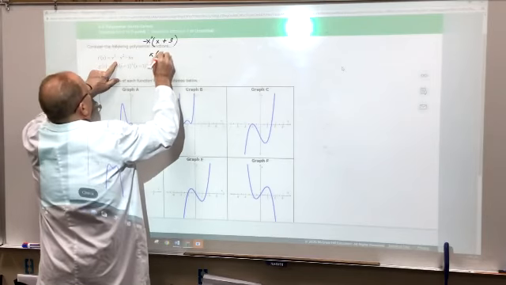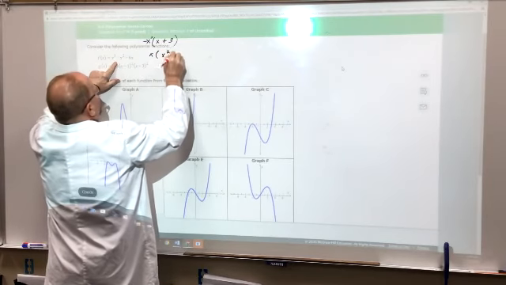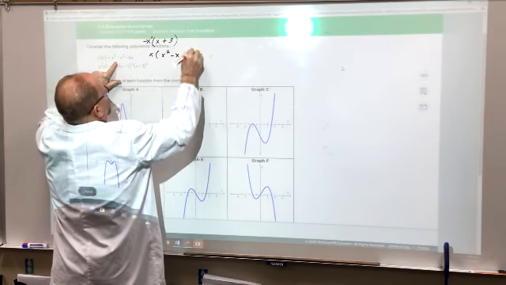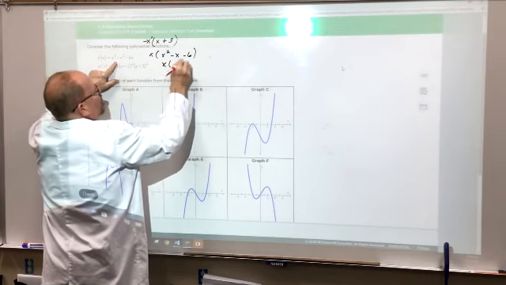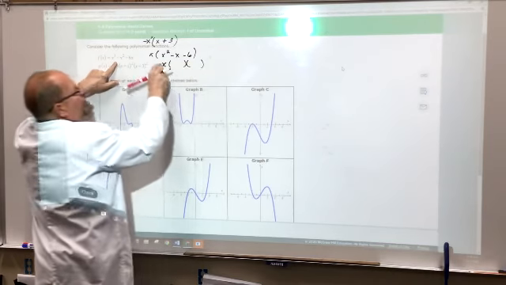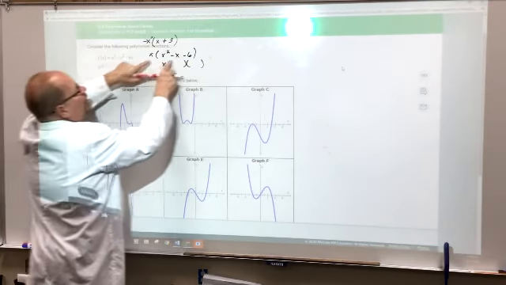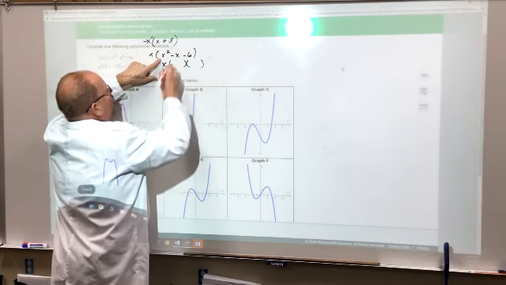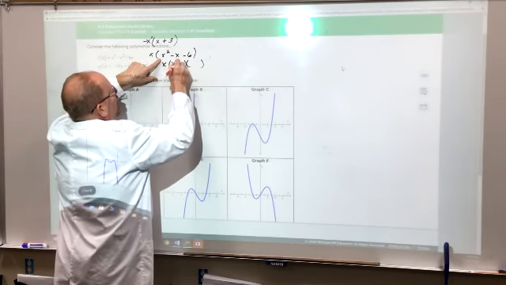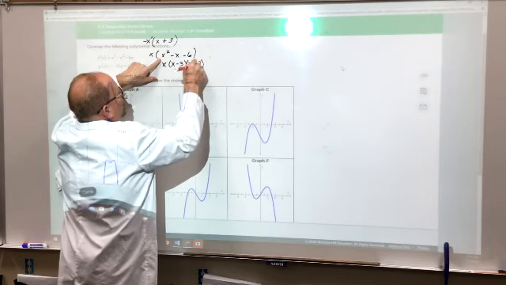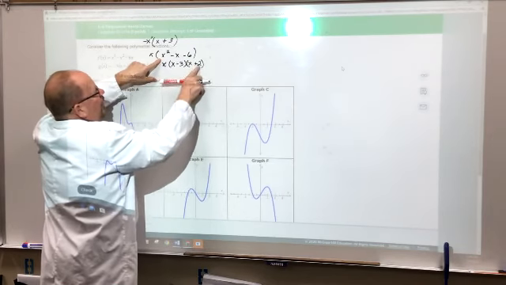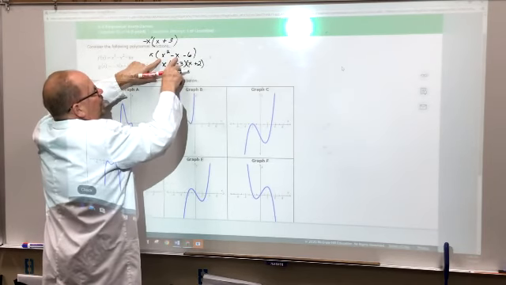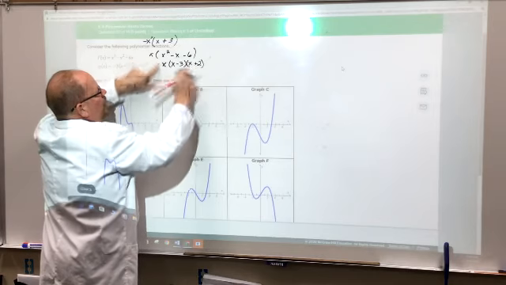So x times x squared minus x minus 6. How would you do this, Mr. D? Now let's factor. Factor the x out. Now x squared minus x minus 6. So this would be x minus 3 times x plus 2. Negative 3x, positive 2x gives you negative x, gives you negative 6.